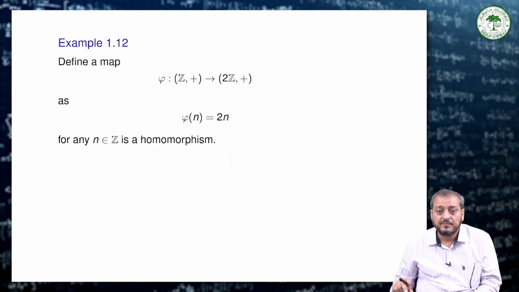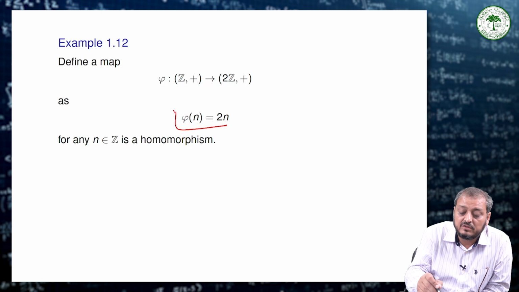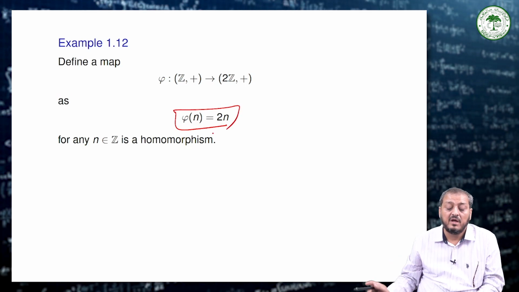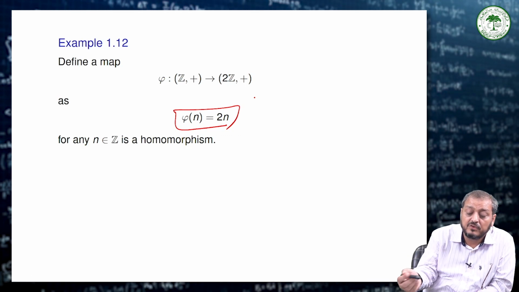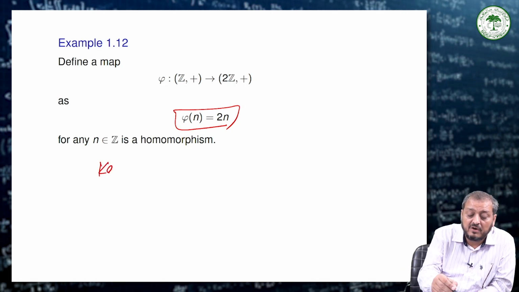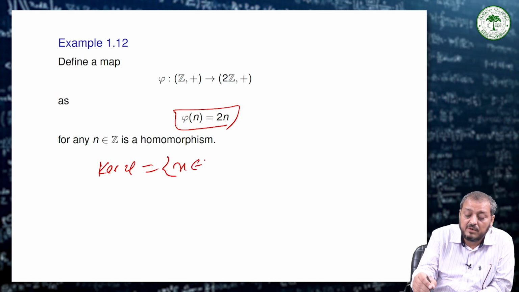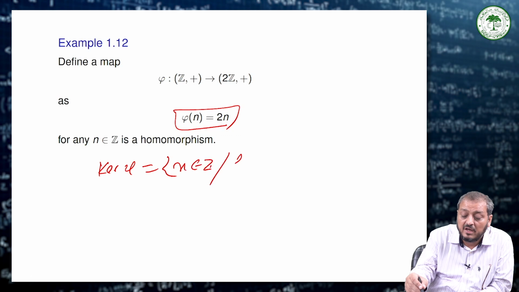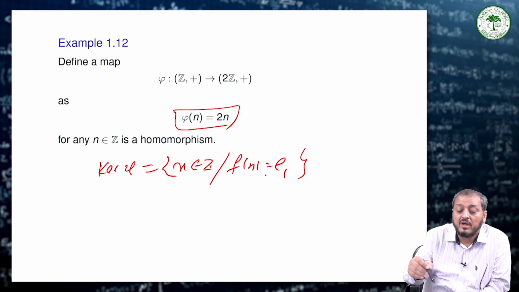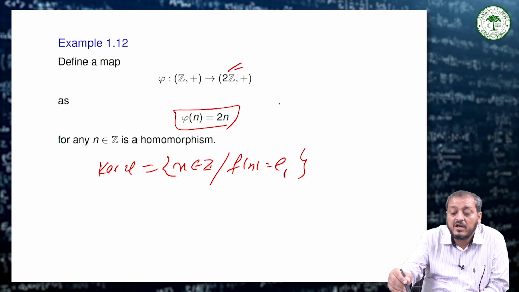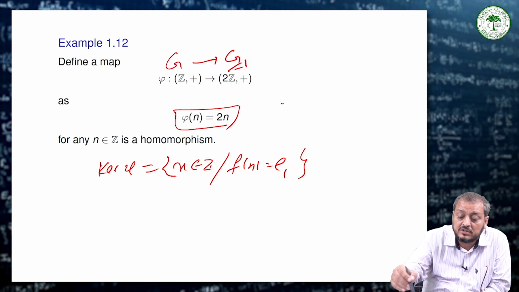For example, take the map from Z to 2Z defined by phi of n equal to 2n, and clearly this is a homomorphism. Now if we find the kernel of this phi, the kernel of phi is the set of n in Z such that phi of n is equal to E1, the identity of G1.